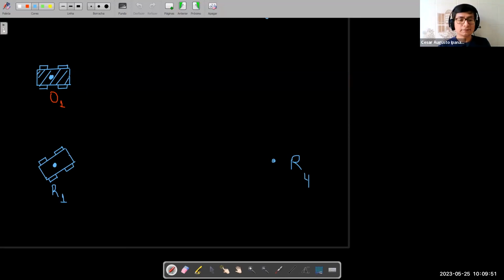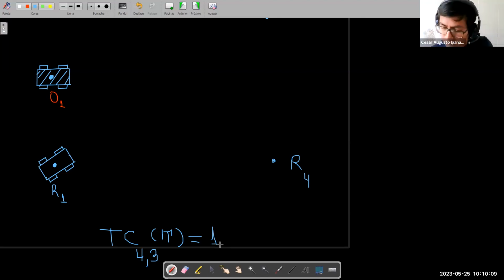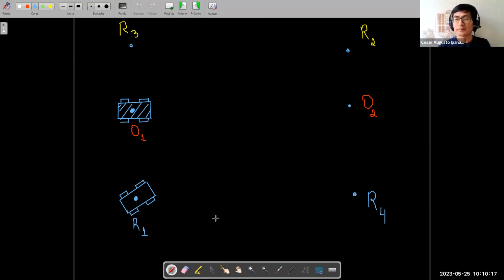Here, the complexity of this situation is 4 and 3 of that projection, which coincides again with 1. In the three situations, the complexity is equal to 1.